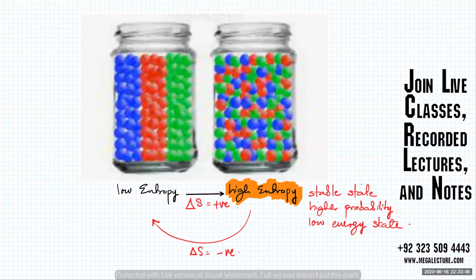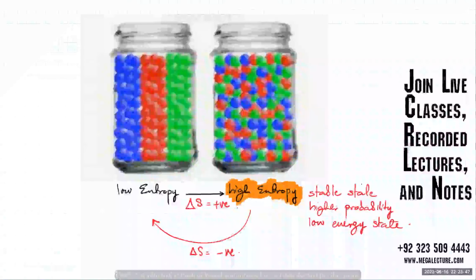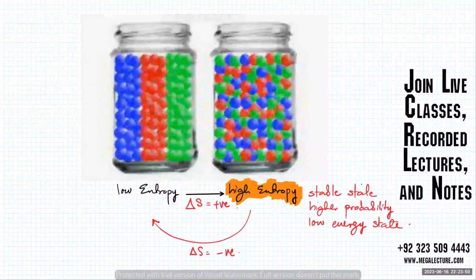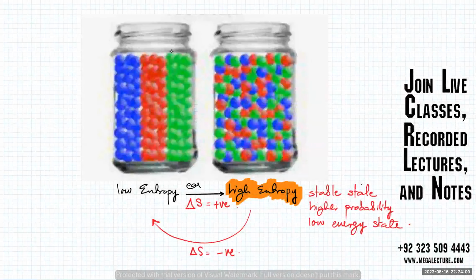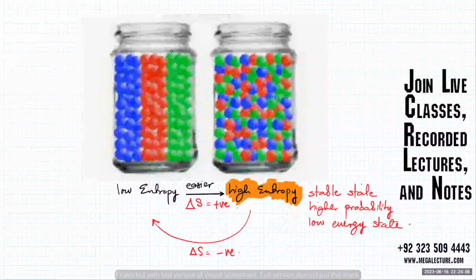The messy room maintains its messiness. Whereas if you have a neat and tidy room and you use it for 30 days, after 30 days it's not going to be neat and tidy, it's going to be messy. So basically delta S being positive is a lot easier. You've got these marble balls, and if you shake the marble jar, you're probably going to end up with the high entropy state.